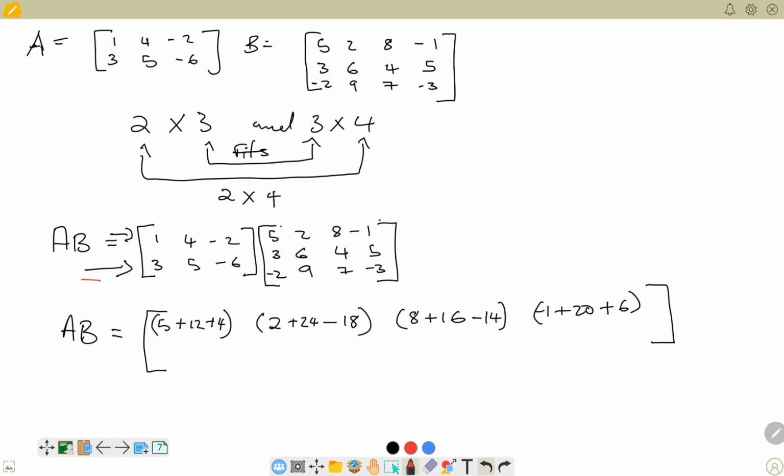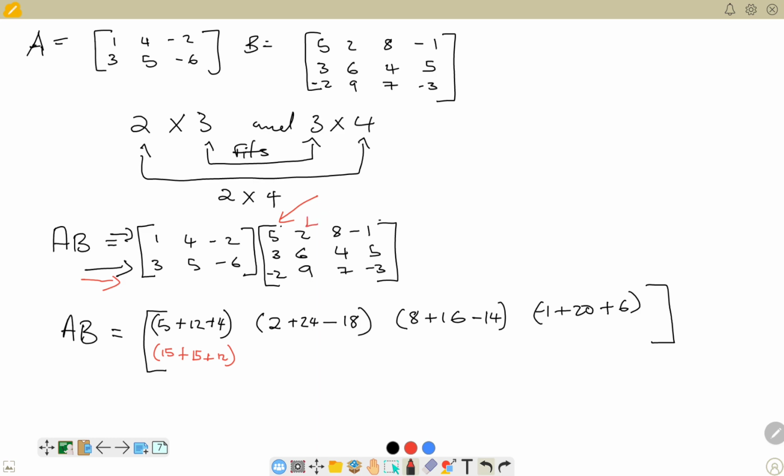So we are on the second row, we multiply with the first column. 3 times 5 is 15. Then 5 times 3 is plus 15 again. Negative 6 times negative 2 is plus 12.